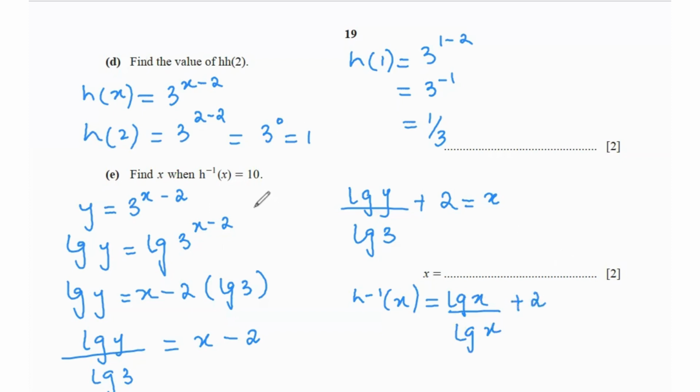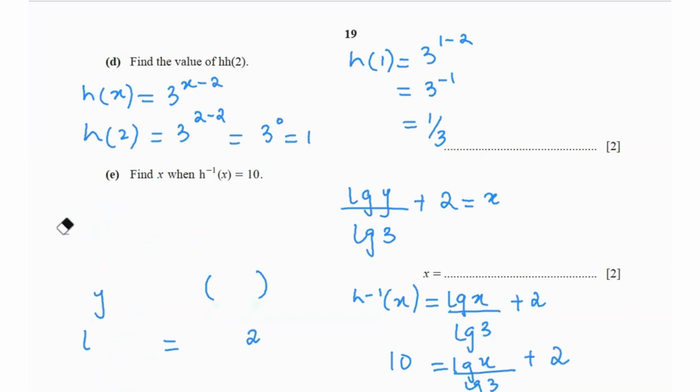They're saying find x when h inverse of x equals 10. So 10 equals this, basically. So that's going to be 10 minus 2 equals log of x over log of 3.